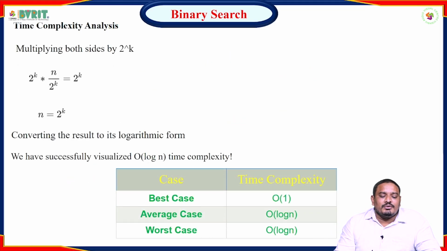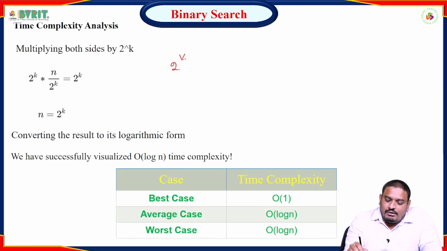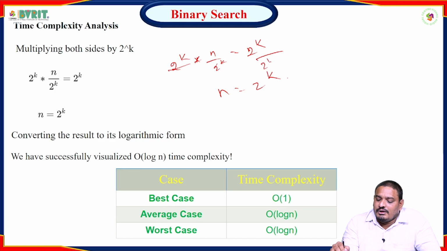For the time complexity analysis of binary search, we multiply both sides by 2 power k. 2 power k into n by 2 power k equals 2 power k. That means n equals 2 power k.